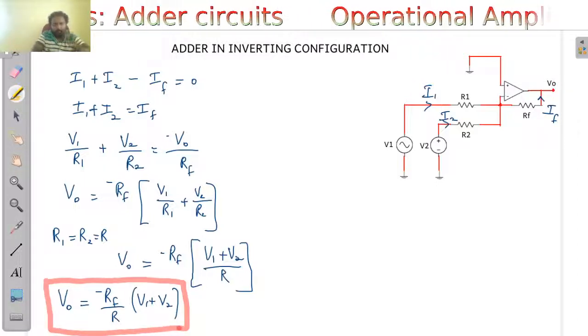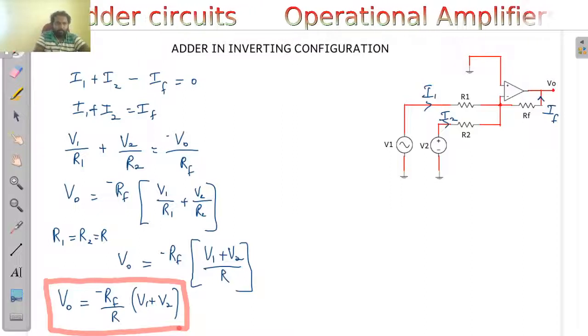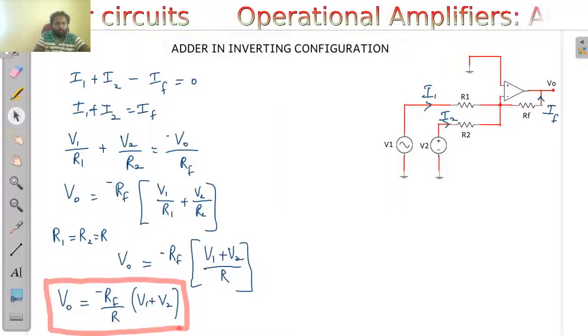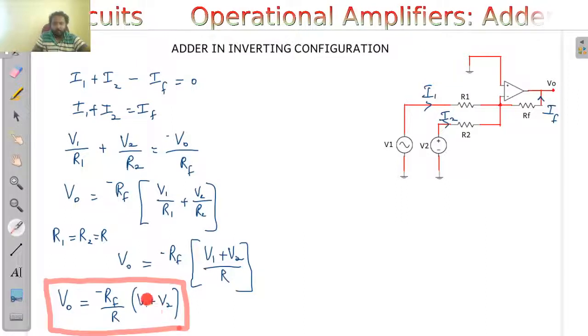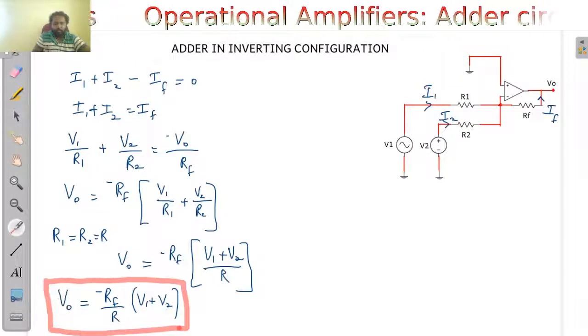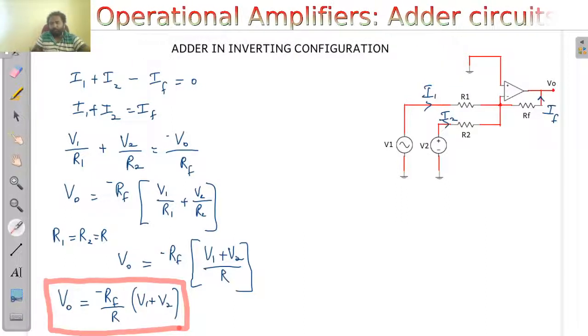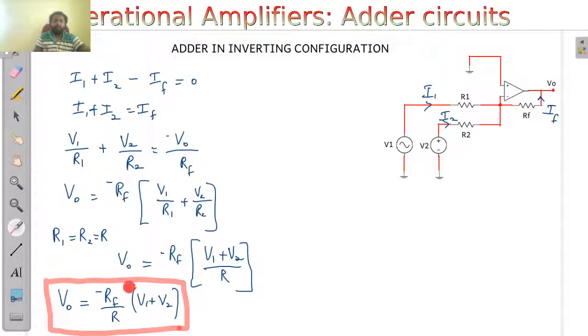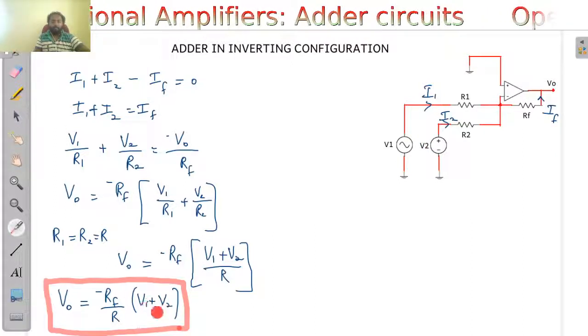The thing is we have got the output as a function of the sum of input voltages. The output is a function of V1 plus V2. So you have essentially added the input voltages.